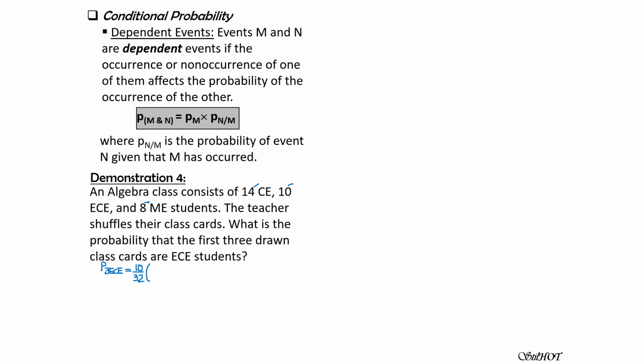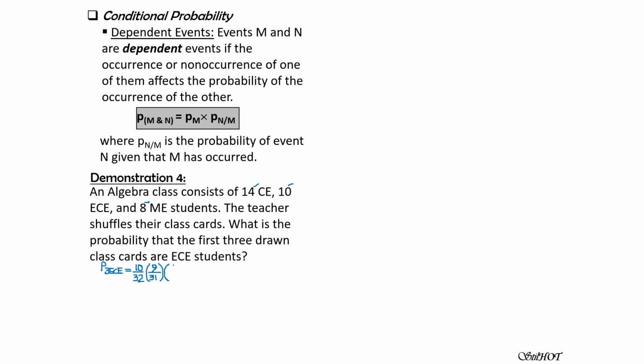There will be 9 ECE students left out of 31 because we already drew the first class card. Then for the third, it should be an ECE student also.